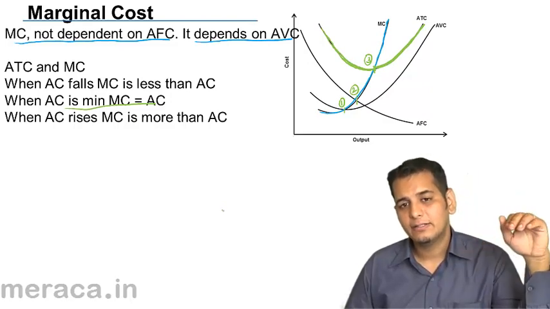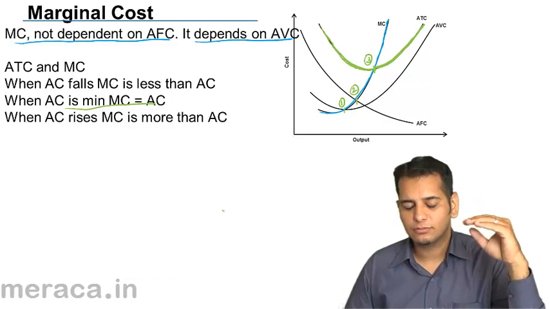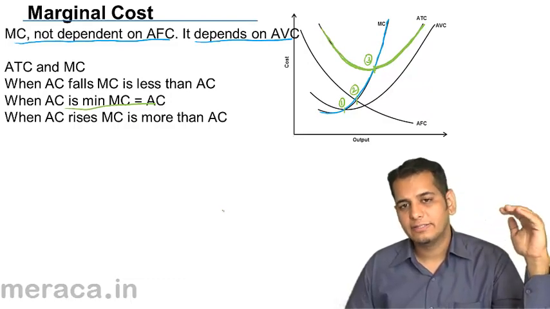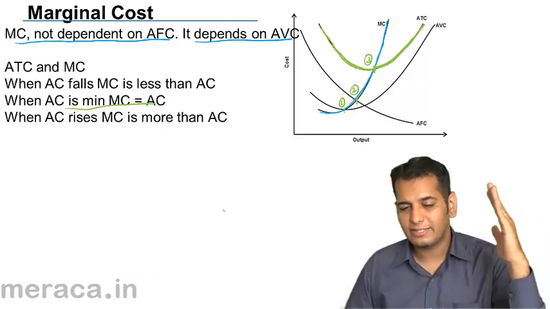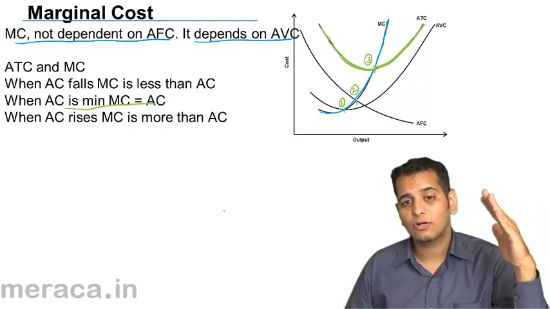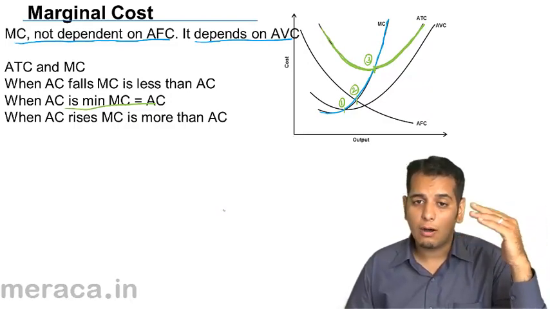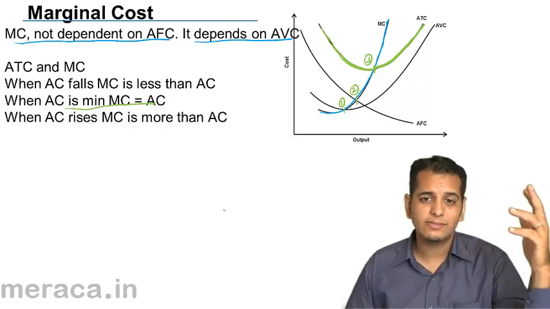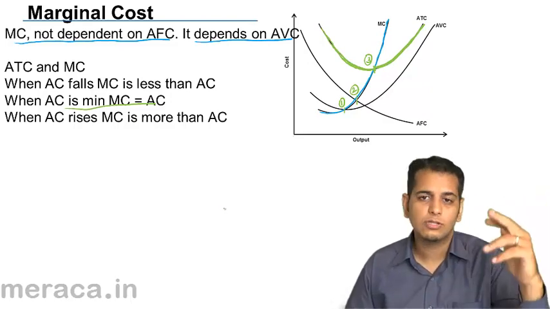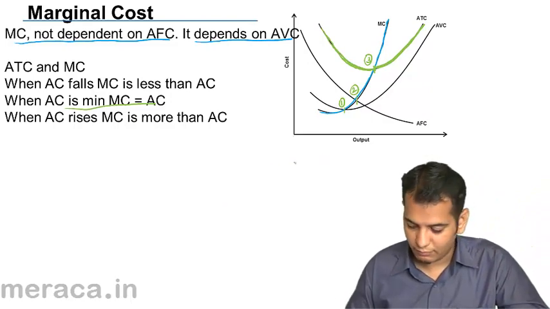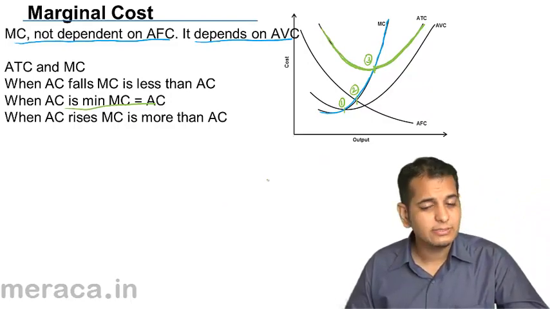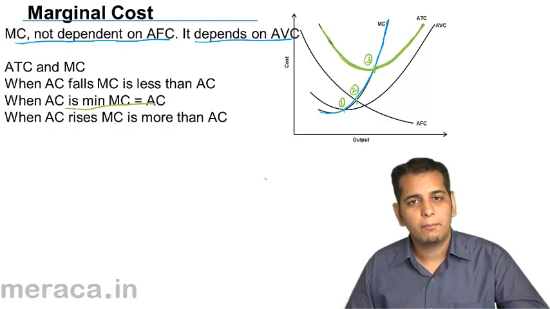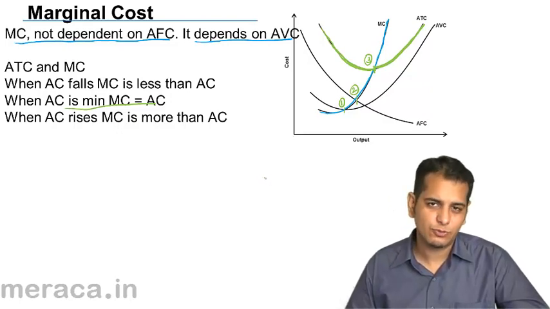And finally, when the average total cost curve rises, the marginal cost curve goes above the average cost curve. It not only rises, but it also goes above it. So these are the properties of the marginal cost curve and the average total cost curve.